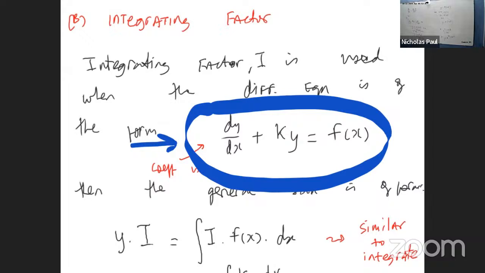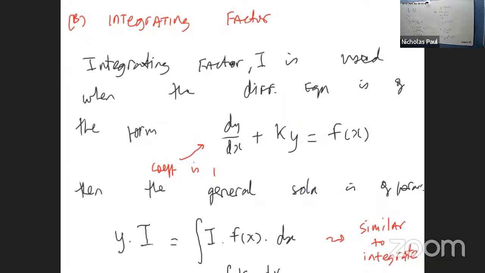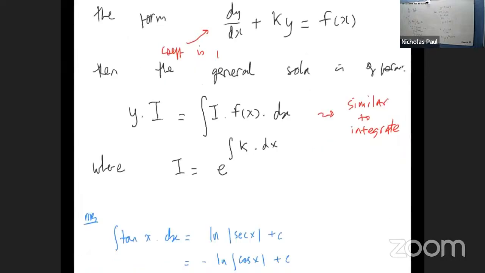All right, so once you get a differential equation looking like that, we have to use a technique called integrating factor. So here's the general solution.